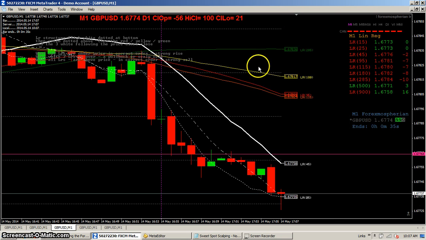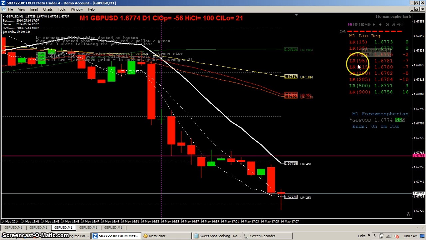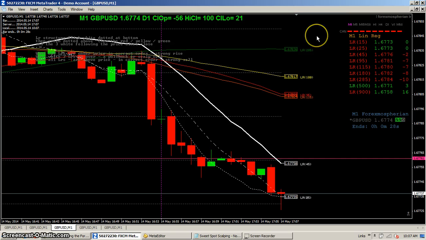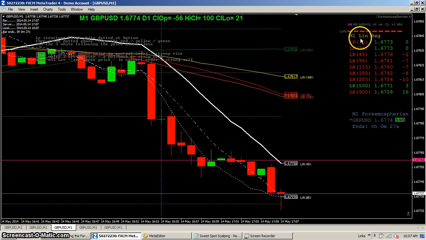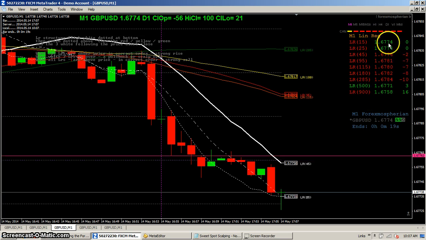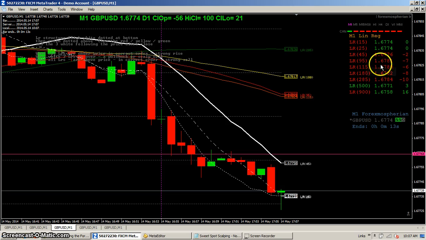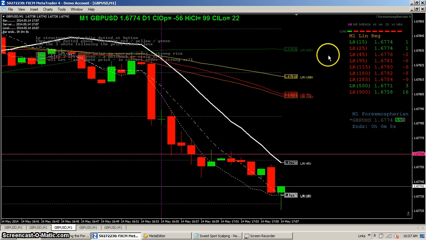But anyway, what he does is he sets up these linear regressions. And so I modified the linear regression indicator, actually I made my own, and I plot a gauge here. So you can see we've got linear regression 15 period, 25, 45, 95, 115, 180, 285, 500, and 900.